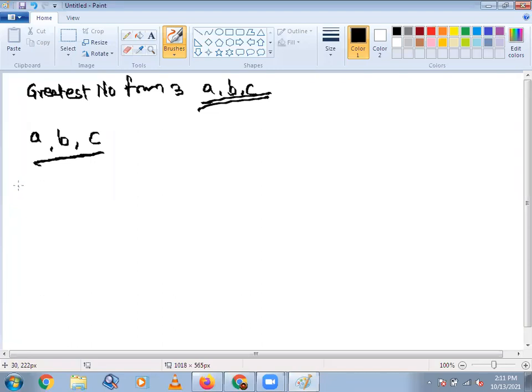Suppose I have written: if A is greater than B, and if this condition is true, then I will check if A is greater than C. If this condition is also true, then I will write printf A is the greatest number.